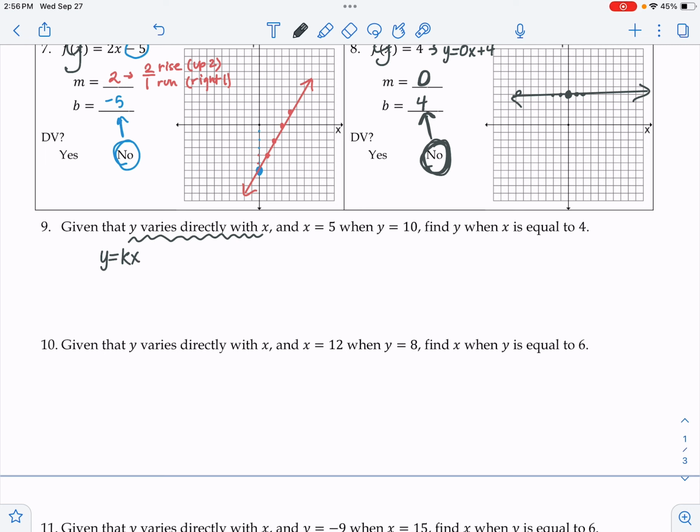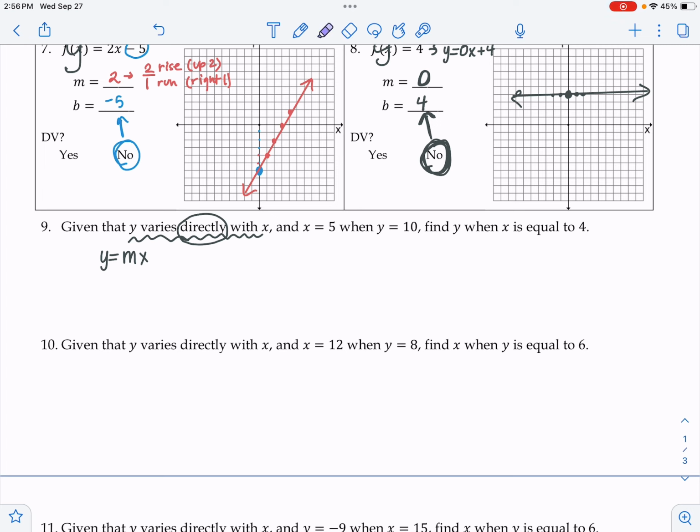You could also use m instead of k. In fact, I think I'm going to use m instead, just to be more familiar. We can automatically write y equals mx because we know the y-intercept is 0 because of the word directly. It varies directly with x. So we're not going to write the 0 because that makes it look more complicated.